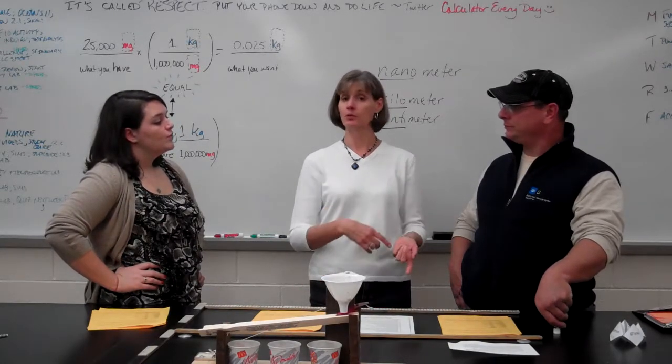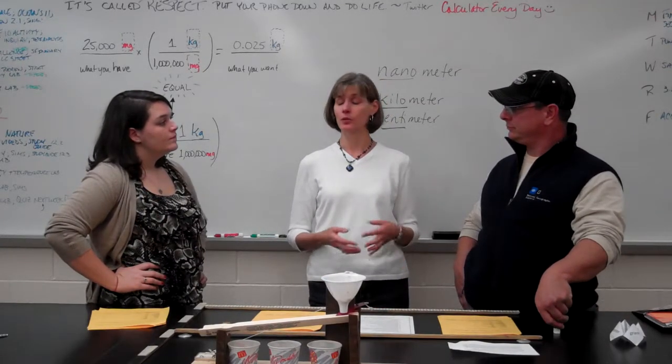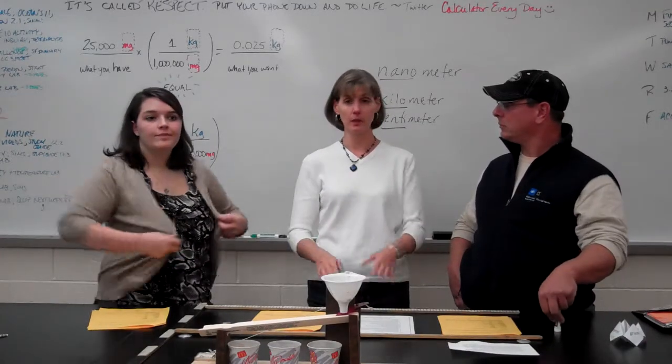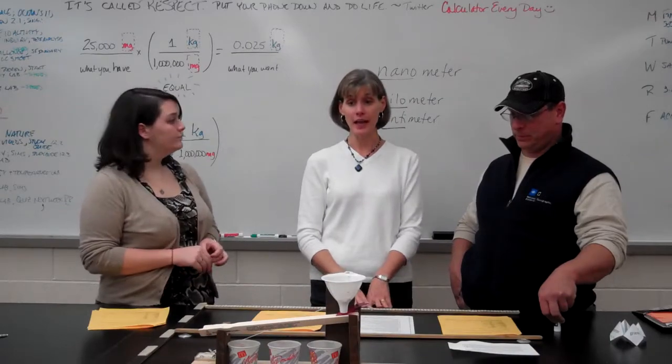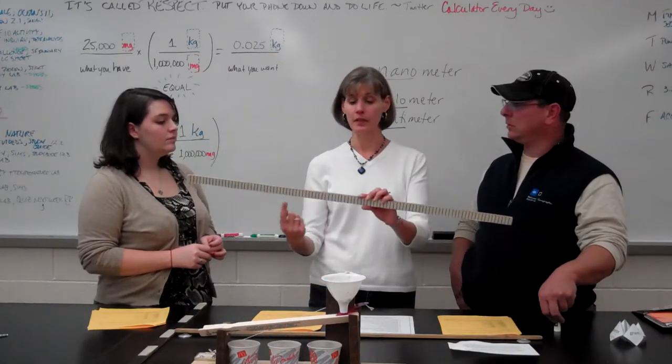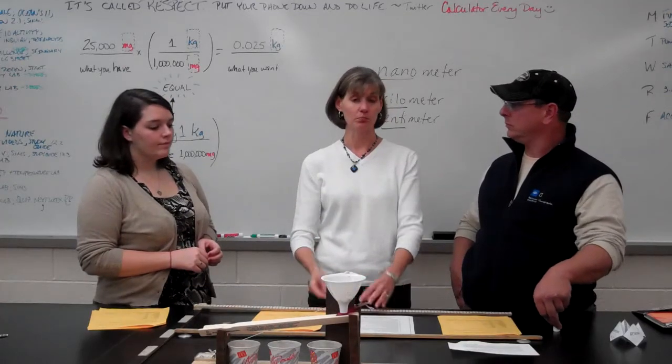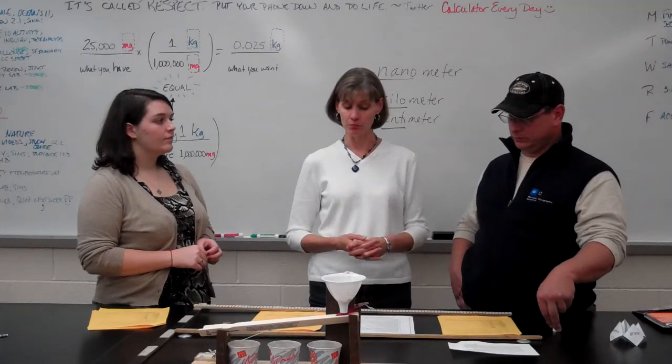So that goes back to what we were talking about earlier, about how we round off numbers and how do we know how to round off numbers. We have to base that on the measuring device we have, and we can't go to 5 decimal places with a ruler like this. We have to cut that off at probably about 2.